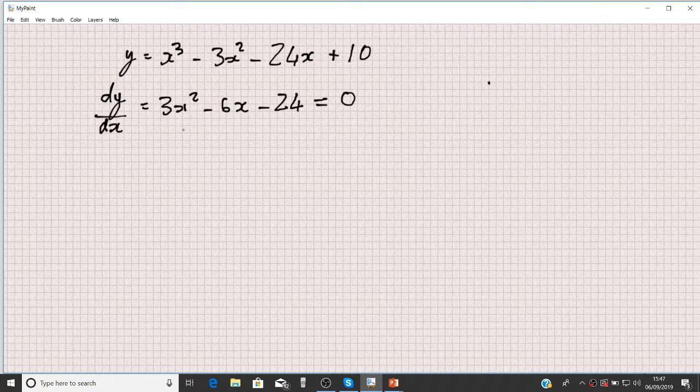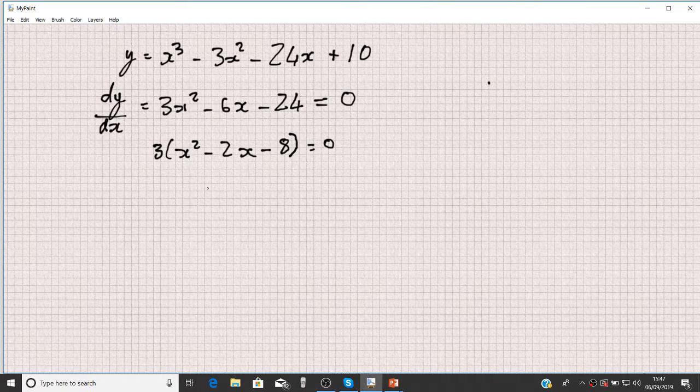Now I can just factor out the 3 here, so dy/dx is 3 times (x squared minus 2x minus 8), and that should equal 0.